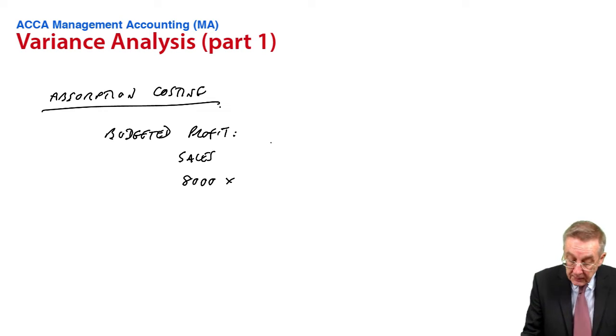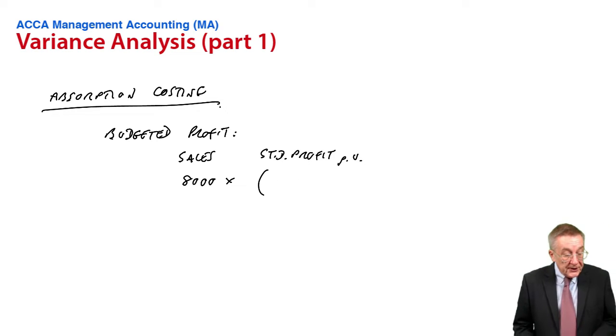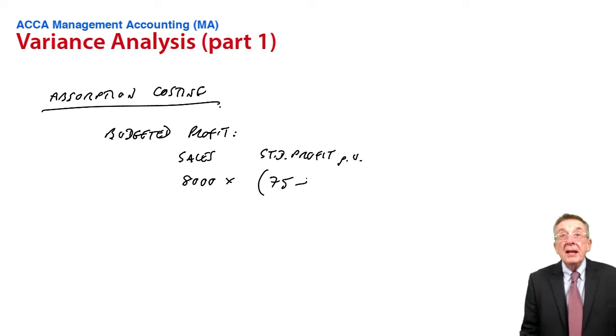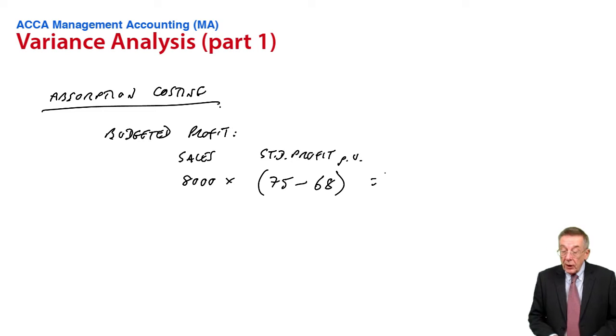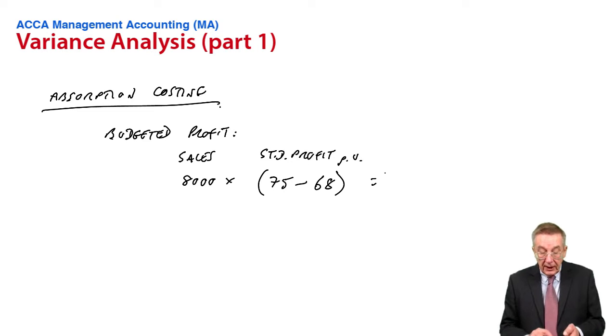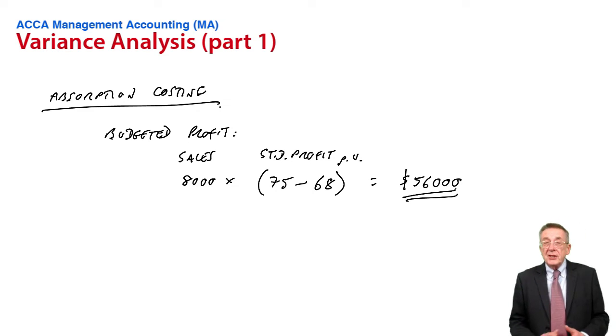The standard profit per unit, well, the selling price, it says there's a budgeted selling price of 75. The standard cost is 68. So they're budgeting on making a profit of $7 a unit. 8,000 units at $7 is 56,000. So that's the budgeted profit.